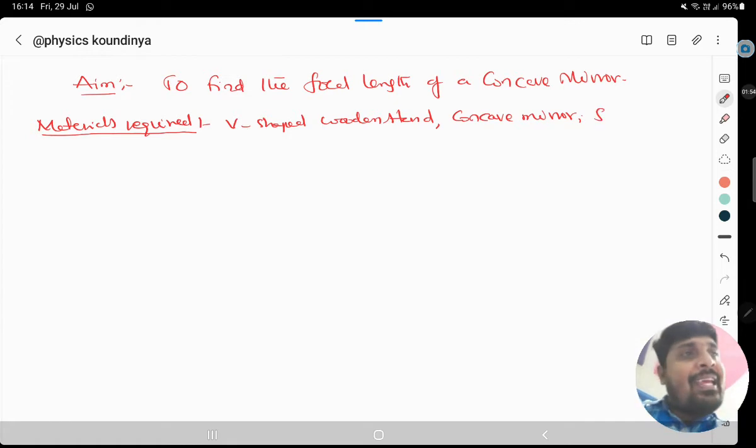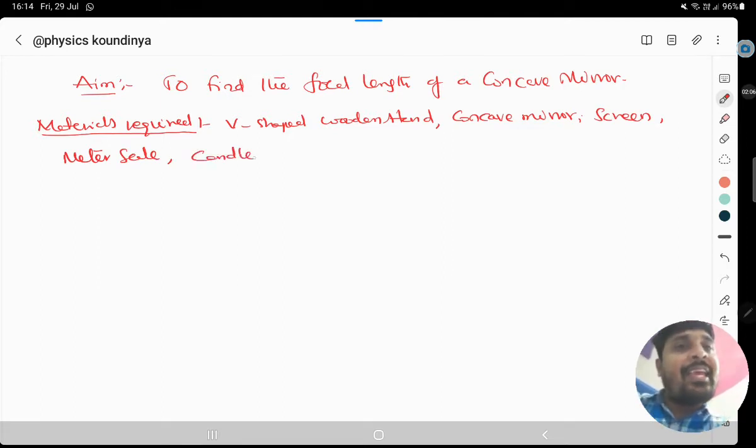We require a screen to catch the image. We require a meter scale to measure the distances. We require a candle as a source of light. Obviously we require a matchbox and pencil.